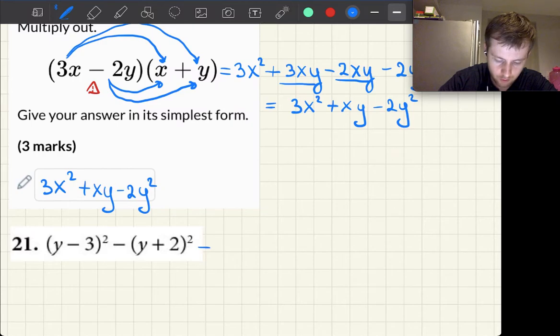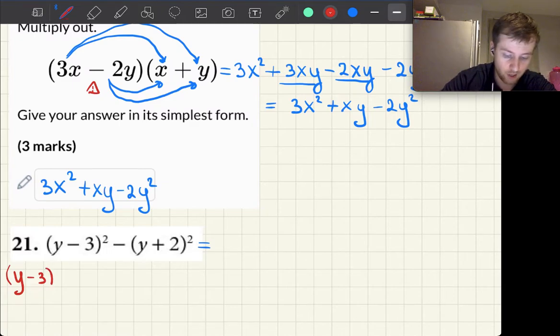All right, so here we have an interesting thing. A lot of people think that when we have some expression in the brackets and it's squared, it's equal to something like this. This is a misconception.